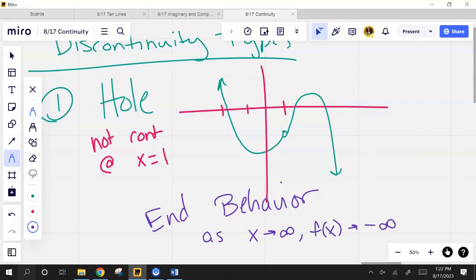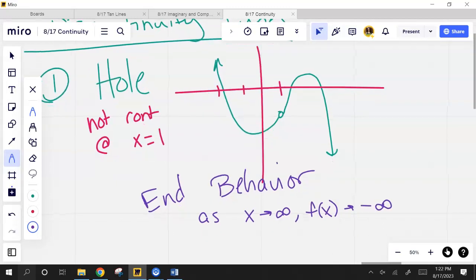Negative infinity, right? The right side goes down. I need the other end though. As x approaches negative infinity, what does the graph do? It goes up. That'll be on the back. It says describe the end behavior. Okay.